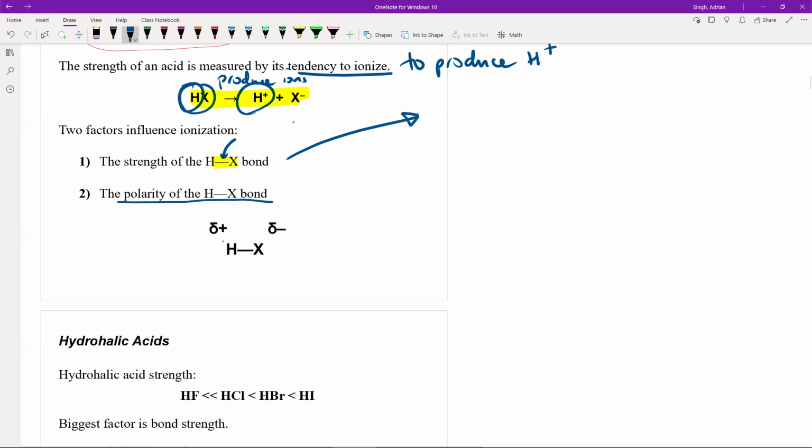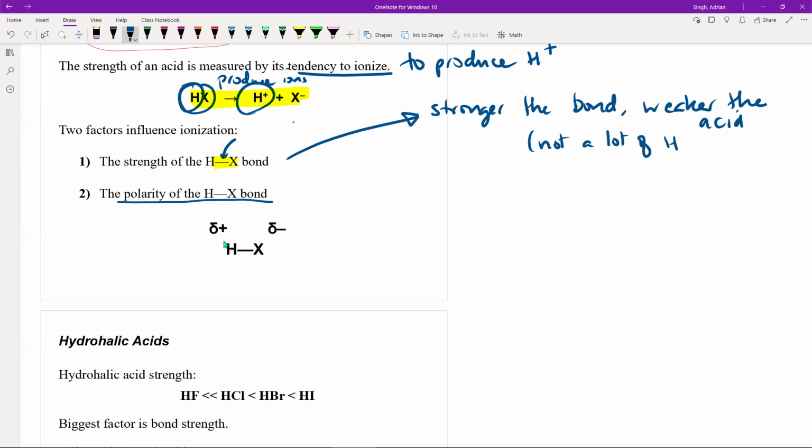So we can summarize that: the stronger that HX bond is, the harder it is to produce ions, which means the weaker the acid, because not a lot of H plus is produced. That's the first thing. The stronger the HX bond is, the weaker the acid is.